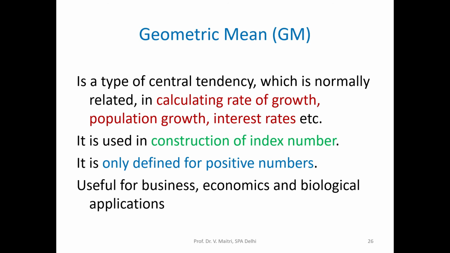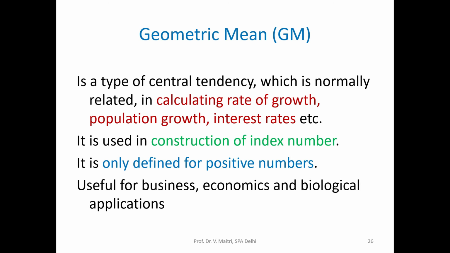We can also use it for the construction of index numbers. It is only defined for positive numbers, which is one of the issues with geometric mean, and it is very useful for business, economics and biological applications.